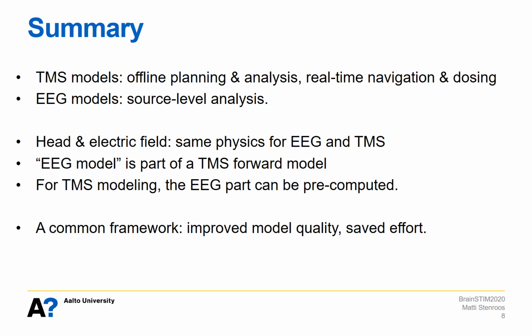In TMS forward modeling, the EEG part is the laborious one, but it is independent of TMS coil parameters and can be pre-computed offline. For TMS-EEG, a common modeling framework like the one presented here should improve the quality of experimentally used TMS-EEG models while saving effort.